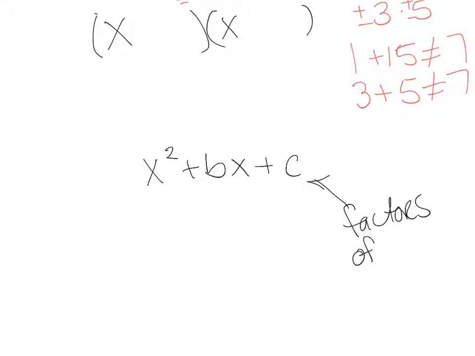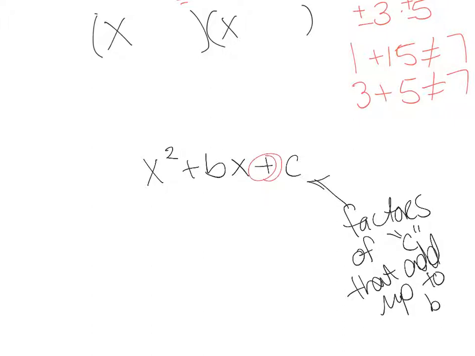So in other words, the two numbers that multiply together to give me c that have to add up to my b value. And it's going to tell me whether or not they're both the same sign right here, or if they are opposite signs. So the only way I can get a negative right here is if one of my factors was positive and one of my factors was negative.